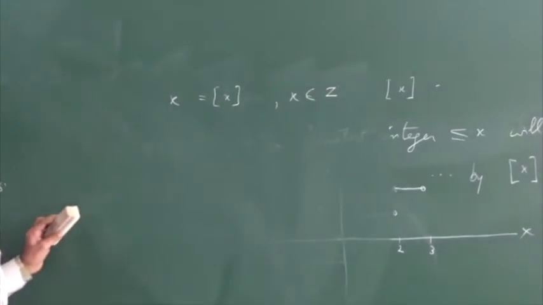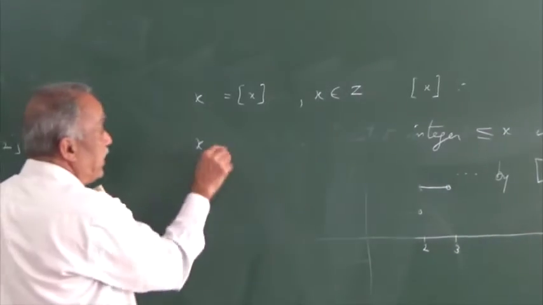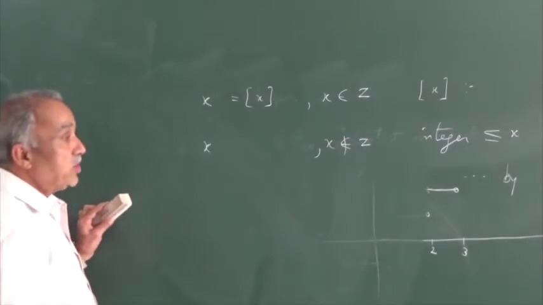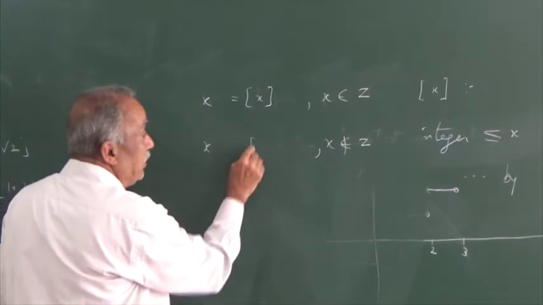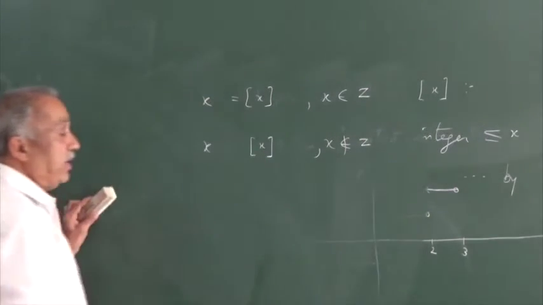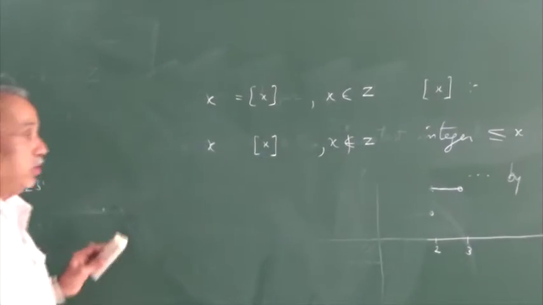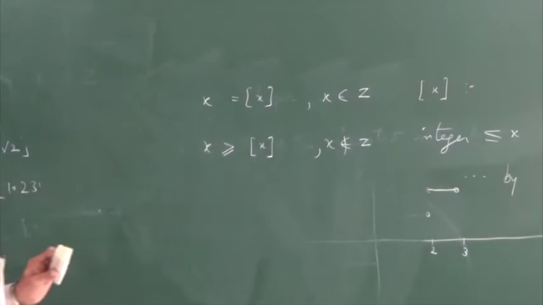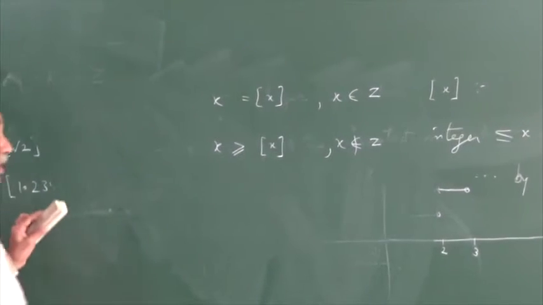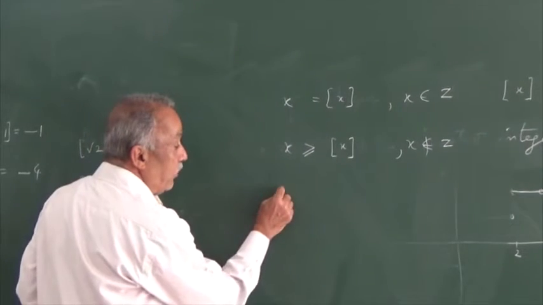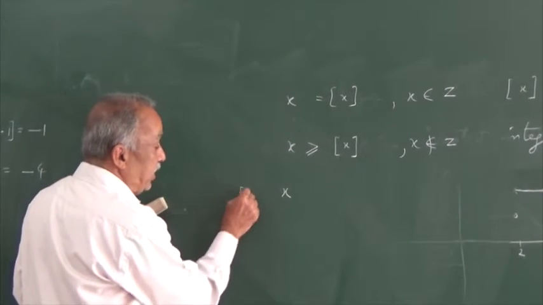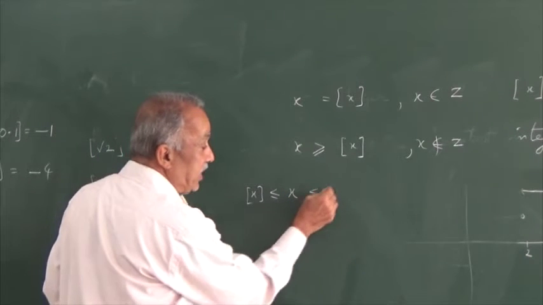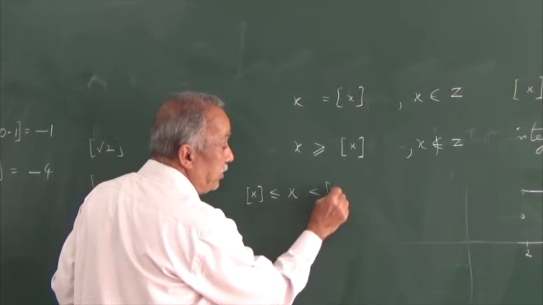This is for x belonging to Z. And if the number is not an integer, it involves fractional parts, then what will be the relation between integer part of x and x? Always integer part of x will be less than or equal to x. So, I have one important property: for any x, integer part of x is less than or equal to x, is less than integer part of x plus 1.